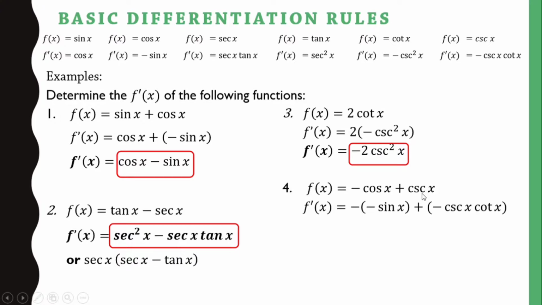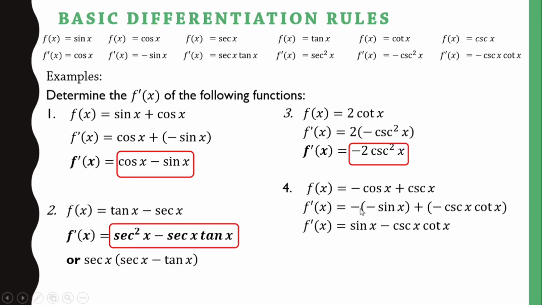The derivative of cosecant x is negative cosecant x cotangent x. So we have here negative cosecant x cotangent x. Negative times negative is positive. Positive times negative is negative. So we simplify this.